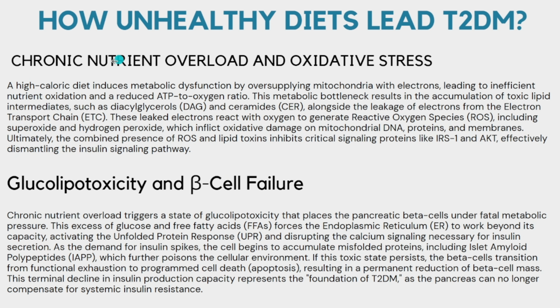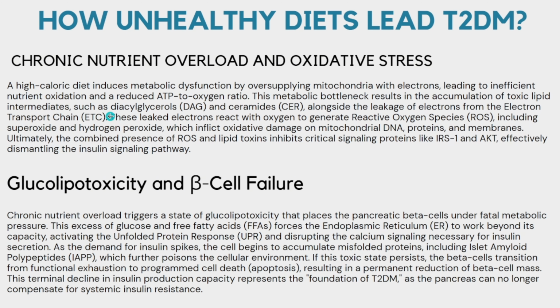So in general, if you eat too much high calorie food, you already accumulate toxic lipids called DAG and ceramide. At the same time, you also cause leakage of electrons from the ETC, because oxidation of your food releases many electrons.